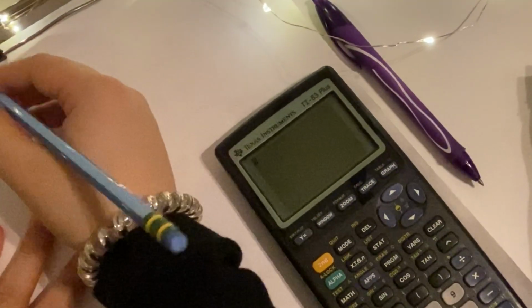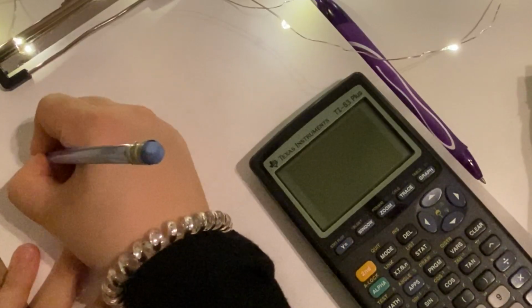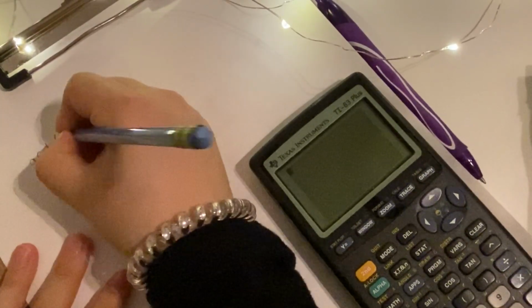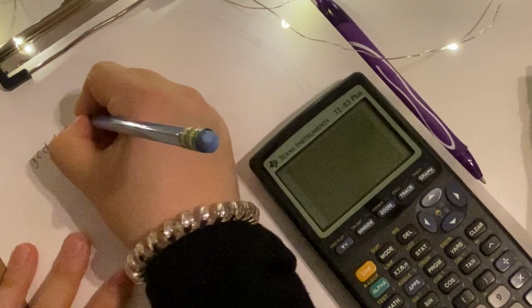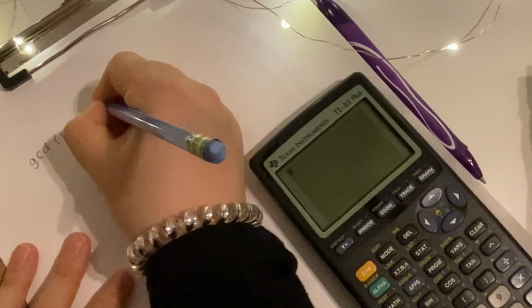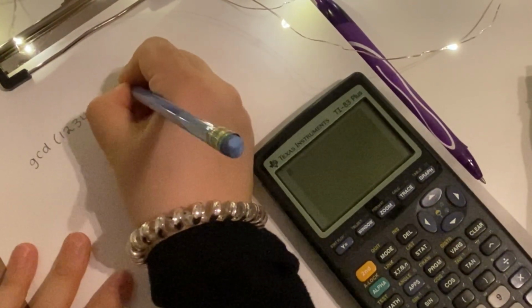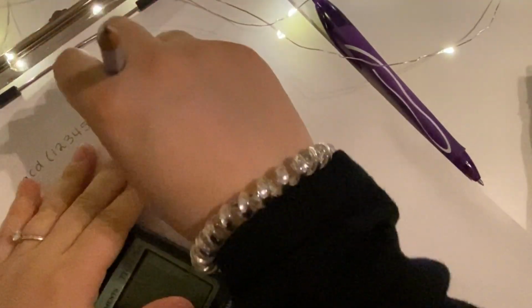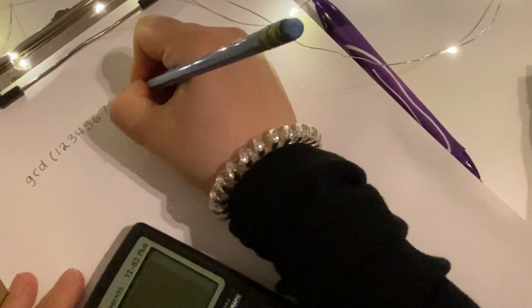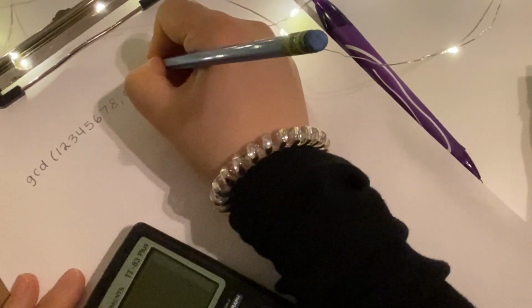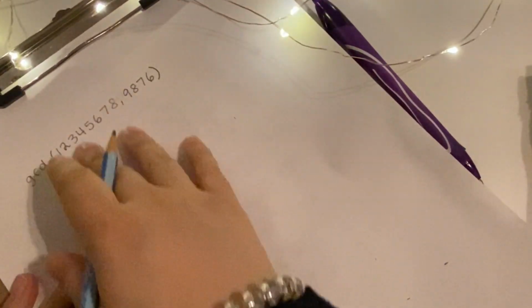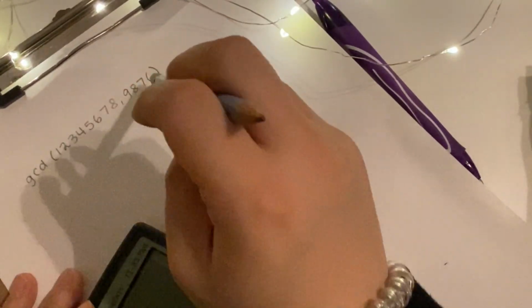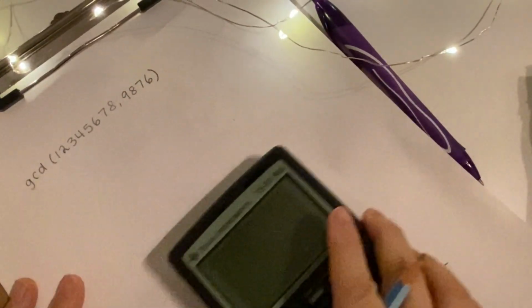And so let's find the GCD of 1, 2, 3, 4, 5, 6, 7, 8, 9, and some other number, chosen so that there's only like 2 steps.